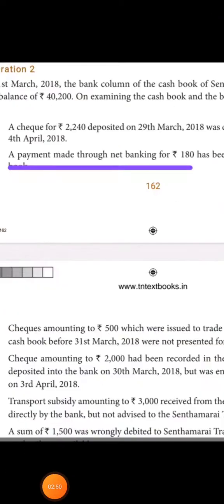The next transaction is a payment made through net banking for rupees 180 that has been entered twice in the cash book. So we made payment through net banking, rupees 180.